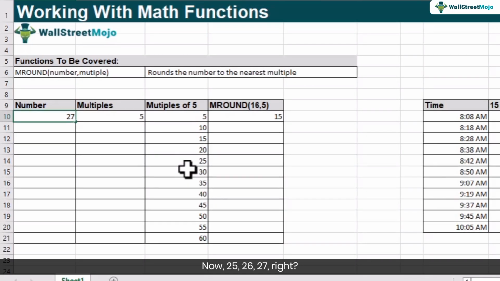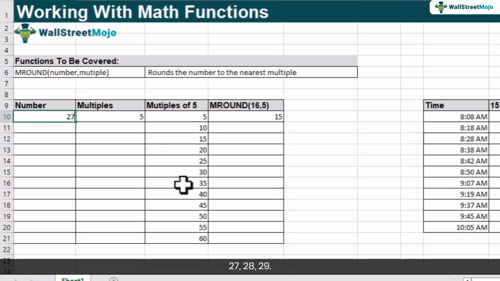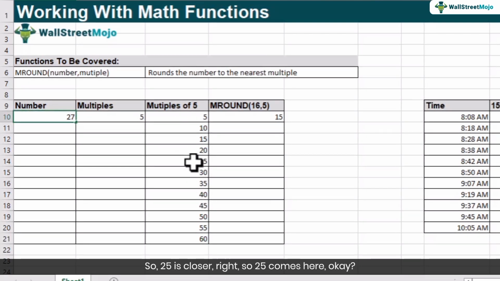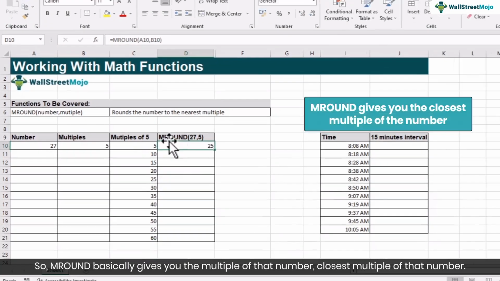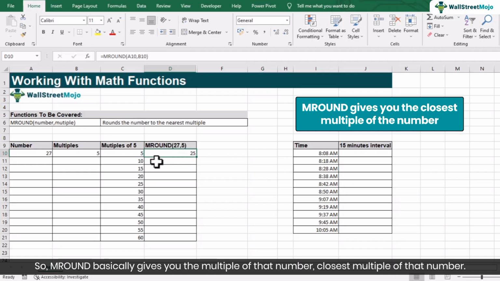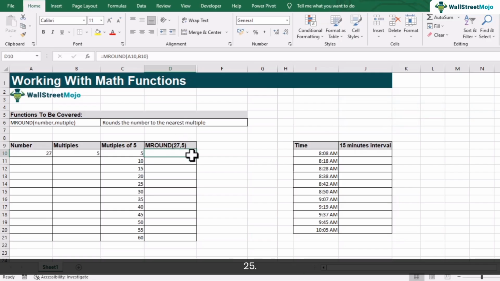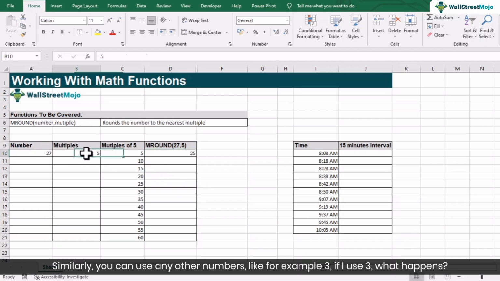Now 25, 26, 27, right? 27, 28, 29, so two numbers before it reaches 30, and one number before it reaches 25. So 25 is closer, right? So 25 comes here. So mRound basically gives you the closest multiple of that number. So 27, 5, what is the answer? 25.